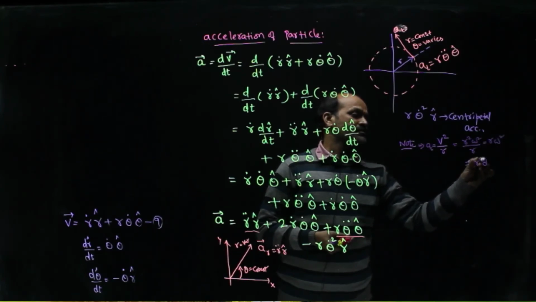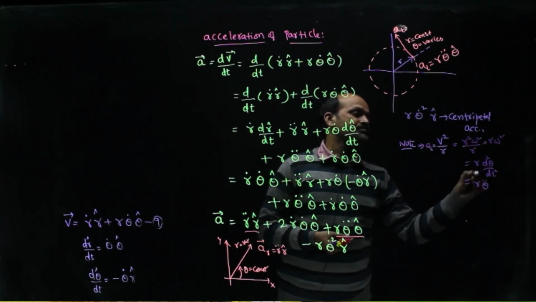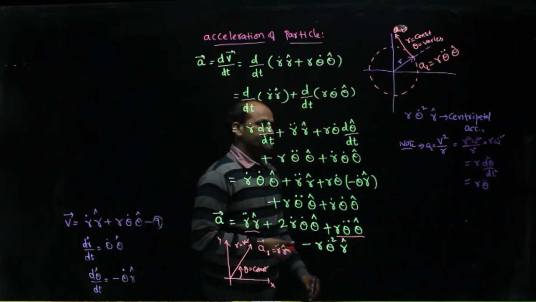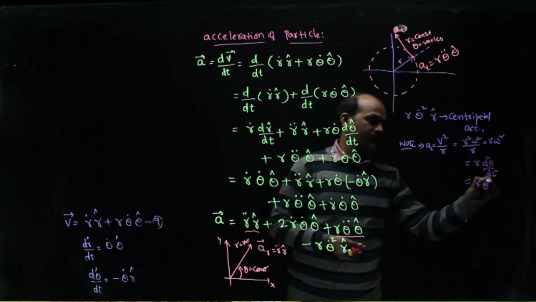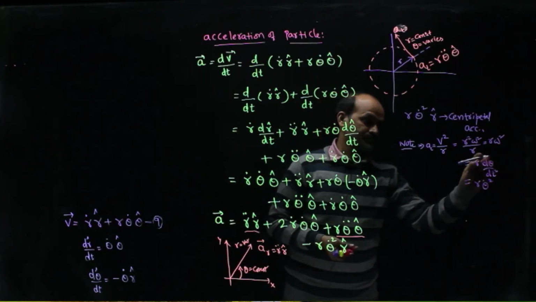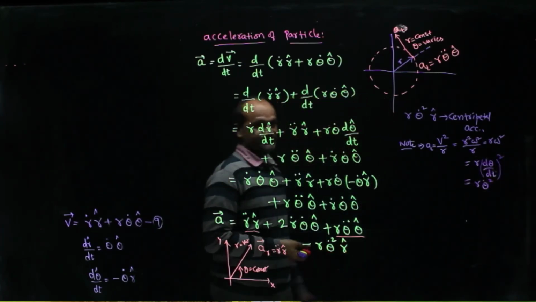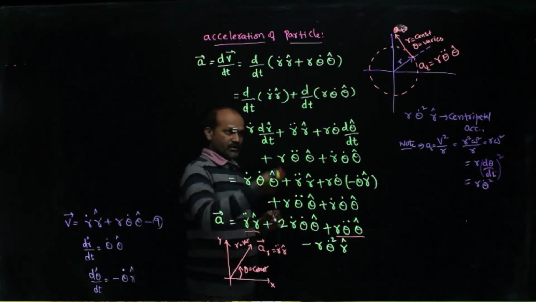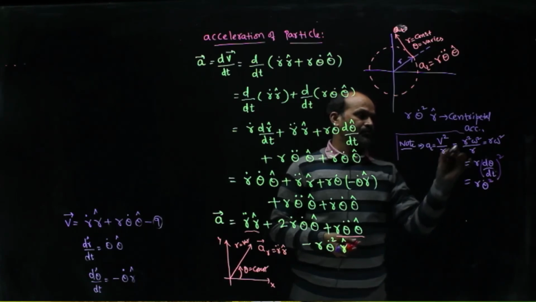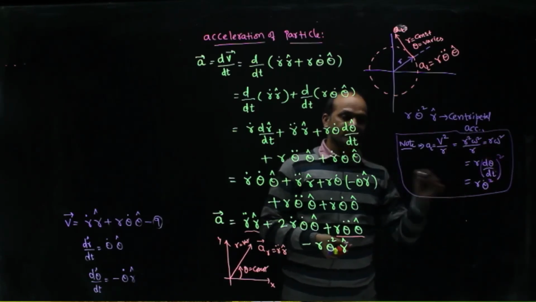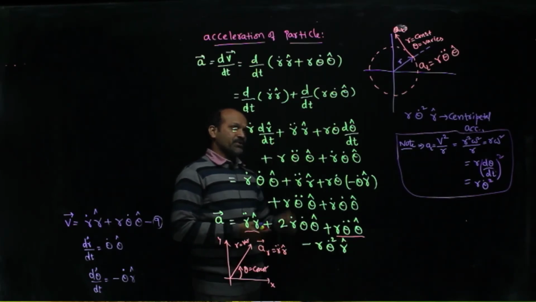Omega square, in the sense of d theta by dt whole square, that is theta dot square. From the same thing we got. This is a simple note for recollecting the lower classes topic. So that is centripetal acceleration.